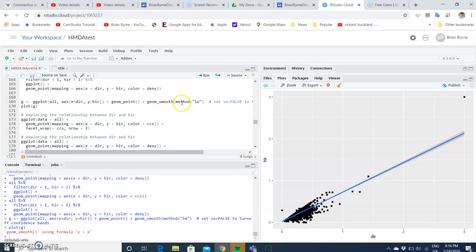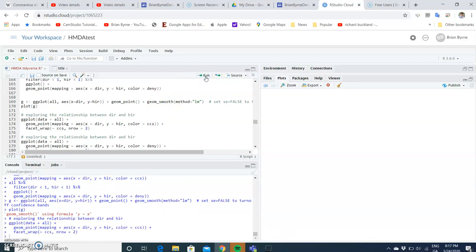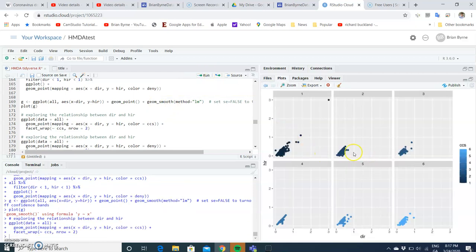The geom smooth is actually quite useful sometimes for setting out a trend, but we're not really focused on getting a trend here. We could facet wrap and break those apart for the different credit scores, 1, 2, 3, 4, 5, 6, but then we don't really need to color code.